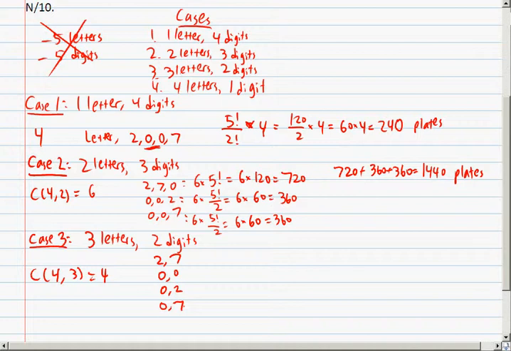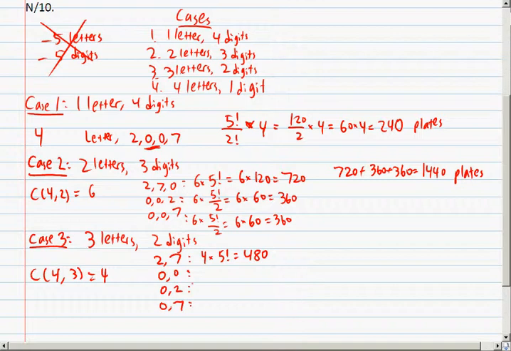In each situation, we have 5 objects to permute. In the first situation with a 2, 7, and 3 different letters, we have 5 factorial ways to permute them because all of the objects are distinct. And we have 4 ways to choose the 3 letters. So we have 4 times 5 factorial, which is 480 plates in this case.